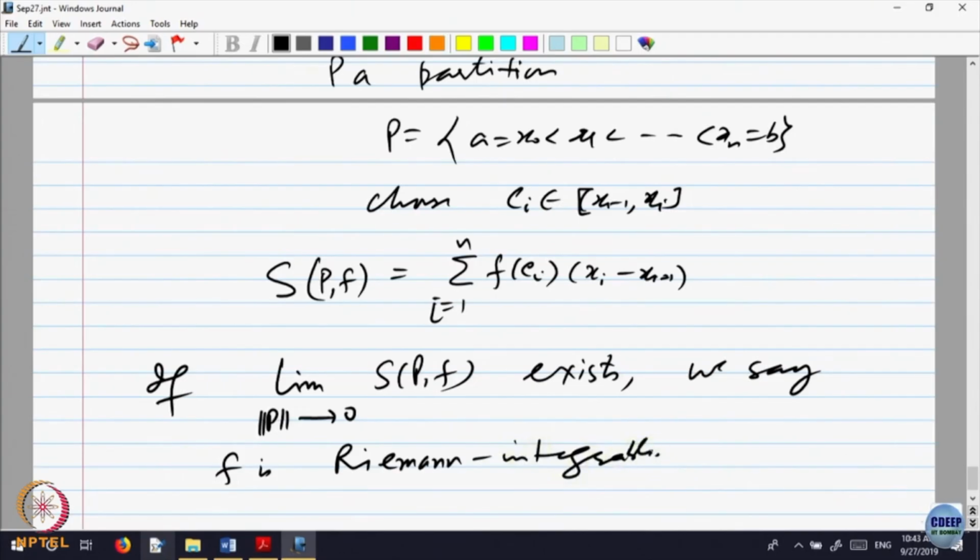If this limit exists, what is the meaning of this limit existing? It is the concept of a limit again, but with norm of P going to 0. So let me explain that.